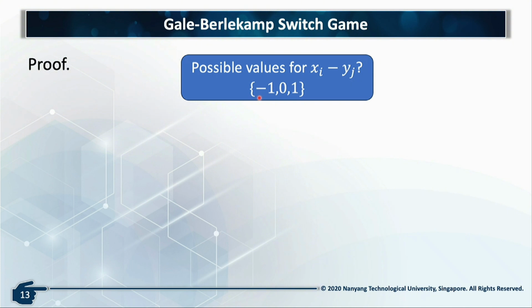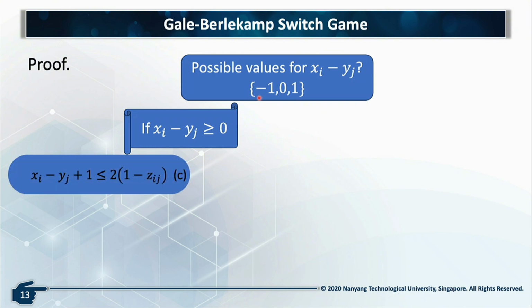Let's try to decompose into two possible cases. If xi minus yj is non-negative, that means it takes the value of either 1 or 0. Okay? And let's try to see constraint C in the set of constraints we have in the statement.